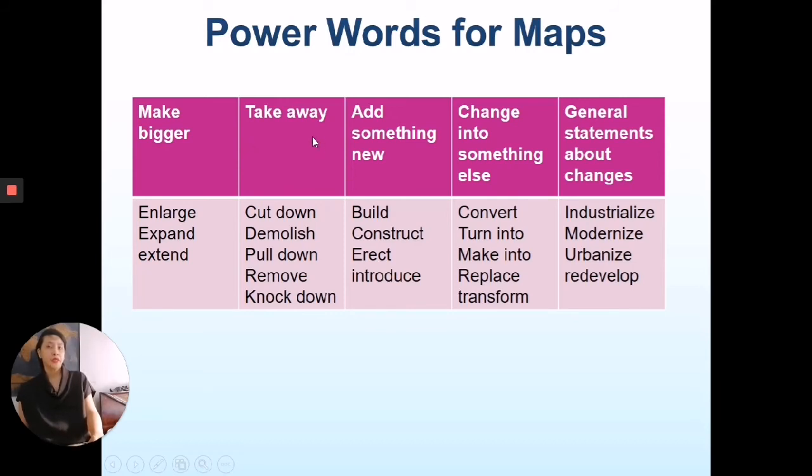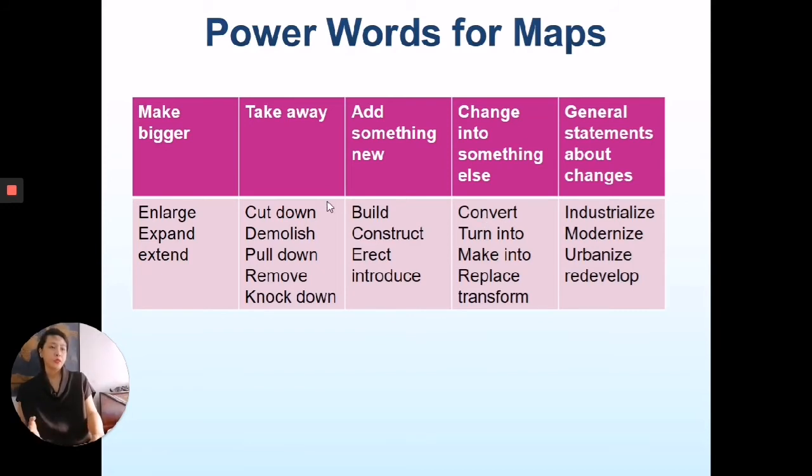And then to describe taking something away, like the trees have been cut down, the buildings have been demolished or pulled down and removed or have been knocked down. And to add something new, you can say a school has been built or a church has been constructed, a tower has been erected, or new cinemas have been introduced.